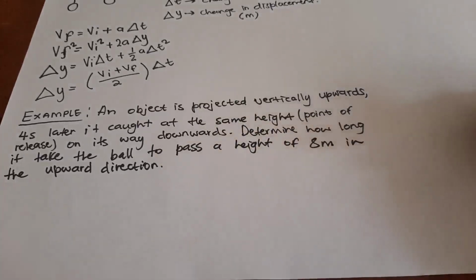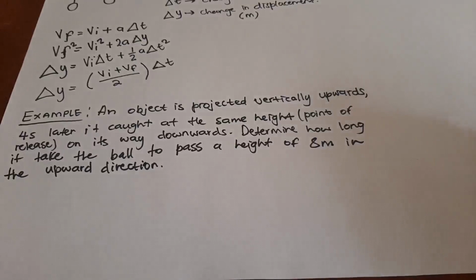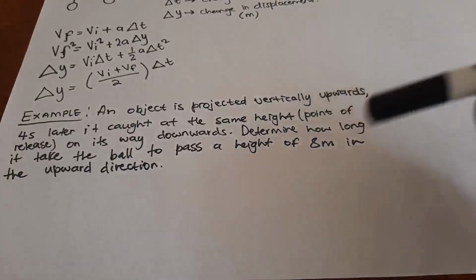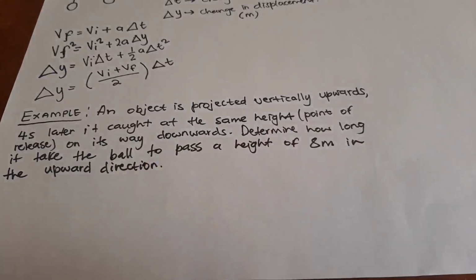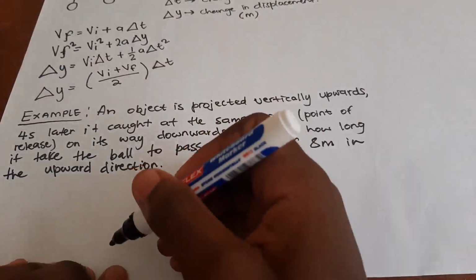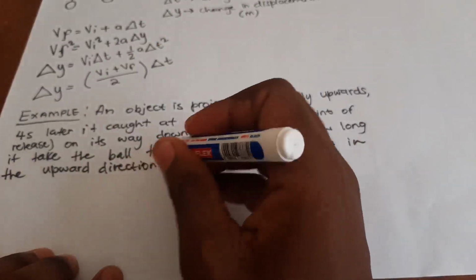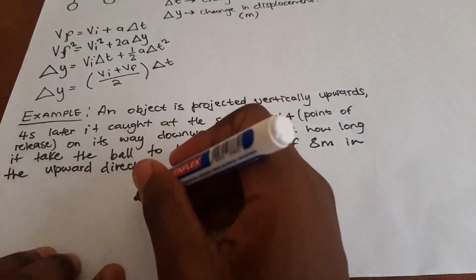So each and every time, we have to at least draw some sort of diagram showing the motion of the projectile. An object is projected vertically upwards, so this is the object.